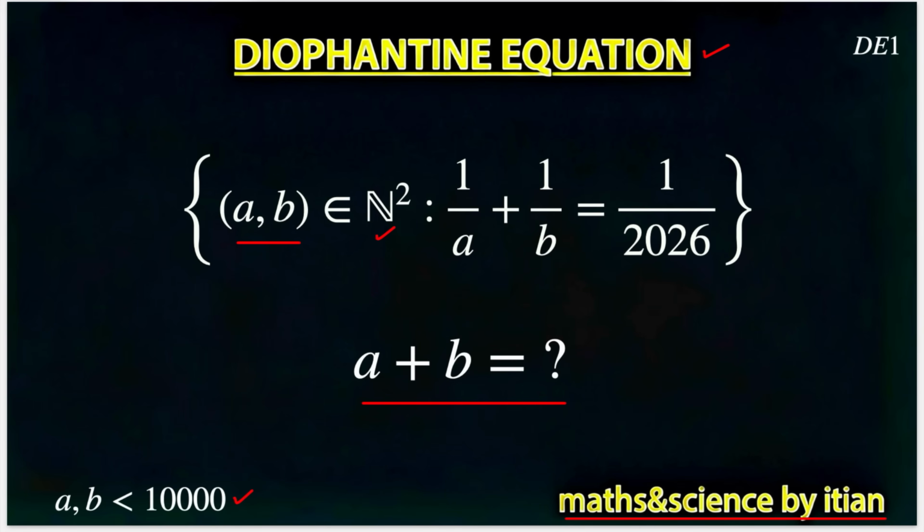This is the problem and it involves major concepts about the definition of the Diophantine equation, understanding the prime factorization principles, and also the factor trick to solve this. 1 by A plus 1 by B is equal to 1 by 2026. How to get the values of A and B?